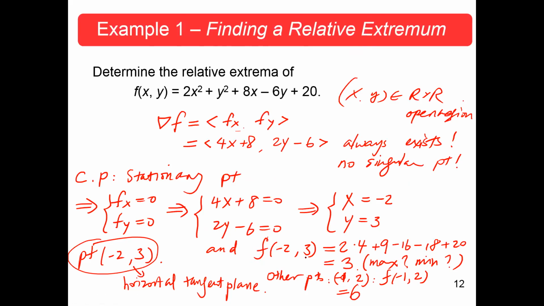If you pick a point that's close to negative 2, 3, you get function value being 6. So that means 3 is going to be a max or min. 3 is apparently smaller than 6, right? Our value is smaller than any other function value, so this should be a relative min.